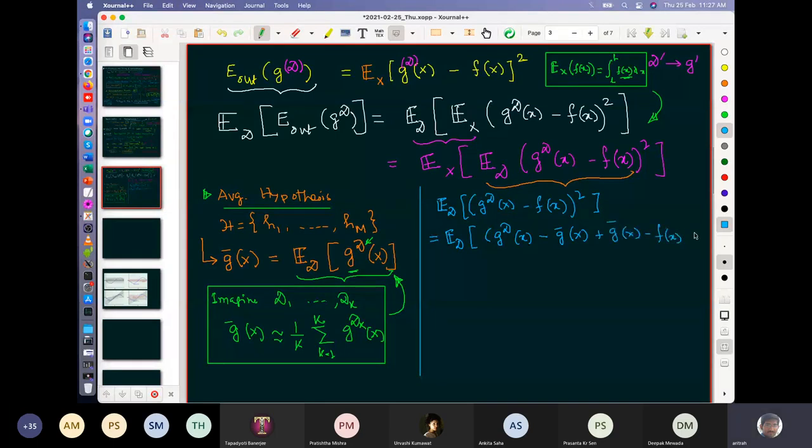I'm doing an arithmetic jugglery to explain the notion of bias and variance. So when you do that, this will be with respect to D. I just subtract and add the same term, nothing else. The same equation is still there. Now this will be (A plus B) square, so A square plus B square plus 2AB I will do.